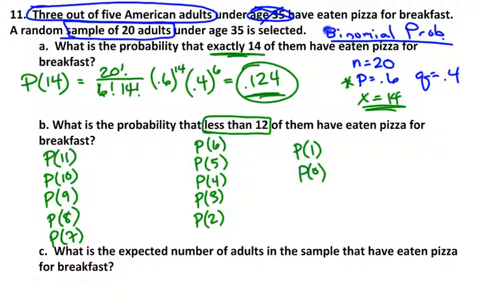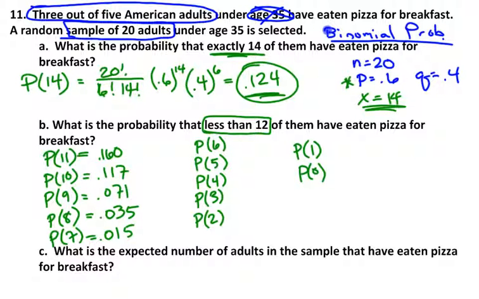Probability of 11, if we look in the table where n is equal to 20 and p is 0.6, where we make x equal to 11, the probability is 0.160. The probability of 10 is 0.117. The probability of 9 is 0.071. Probability of 8 is 0.035. The probability of 7 is 0.015.